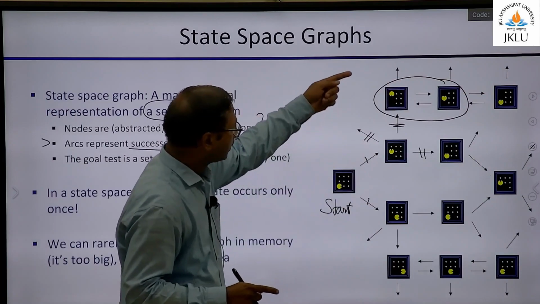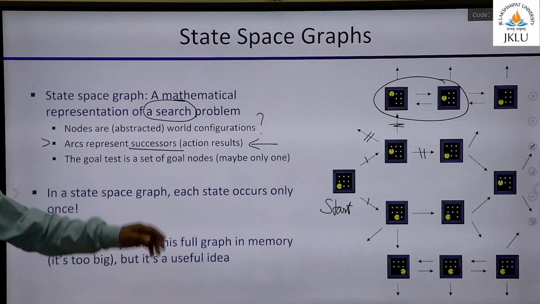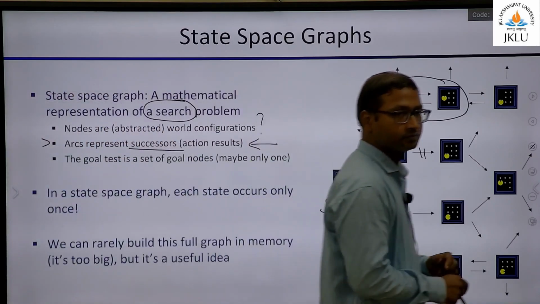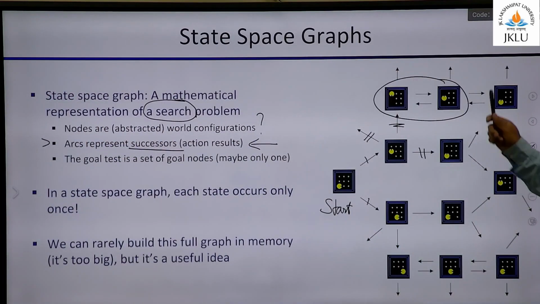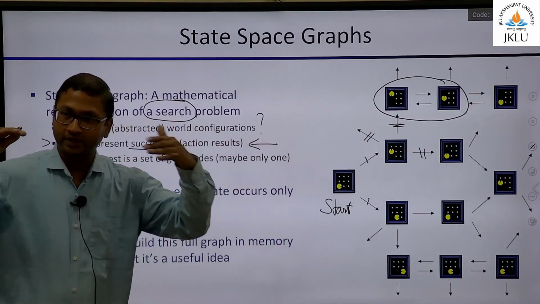So for example, how many nodes in this graph? Tell me the number of nodes in this particular graph. No. State space, state world. World configurations. Same as what we did that, 120 into 2 to the power 30 and so on.